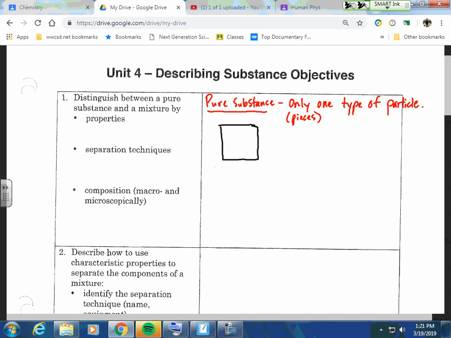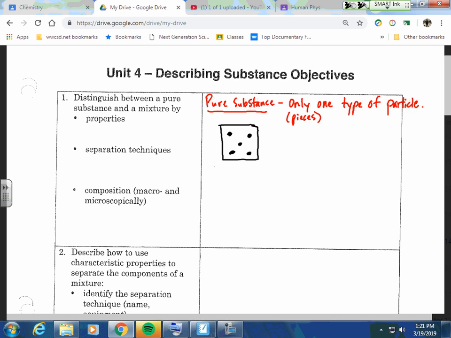If I look at this substance here, there are 5 pieces. There are 5 particles, and each particle is identical to the other particles. There aren't any different particles. There's only one type of particle in there.